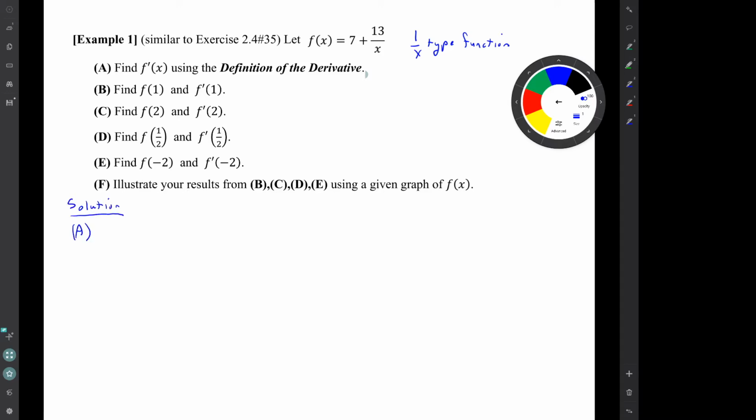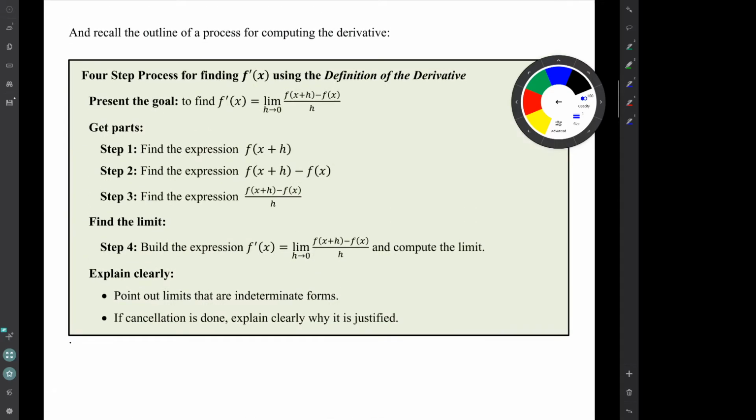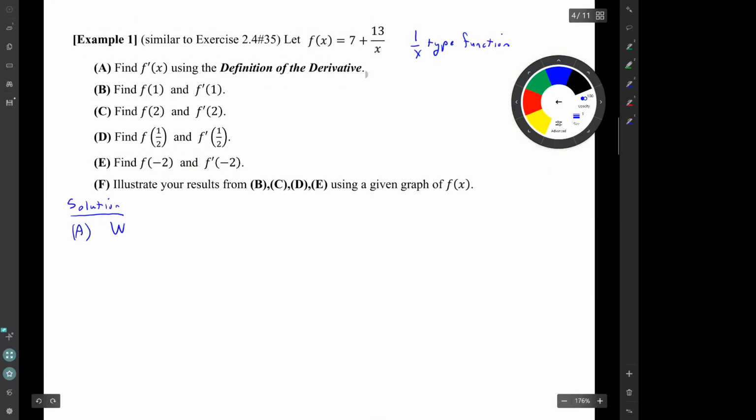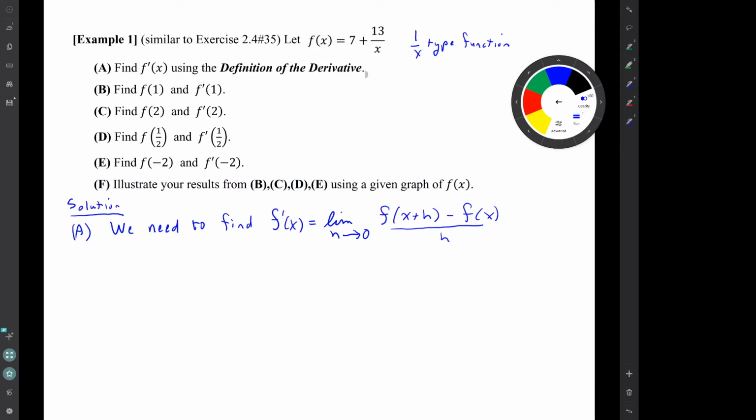Let's refer back to our four-step process. We want to present the goal. So our step 1 is to find f of x plus h. Remember how we do that.